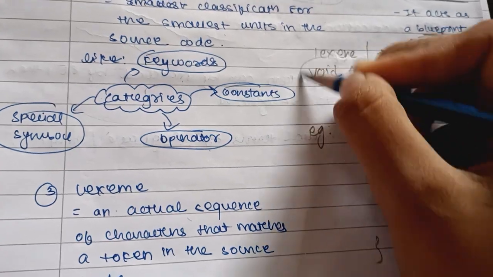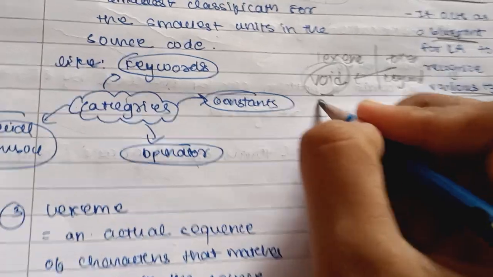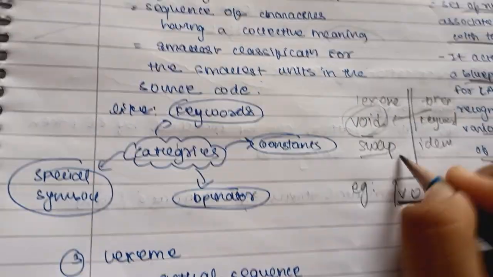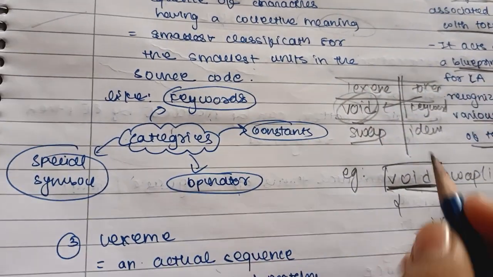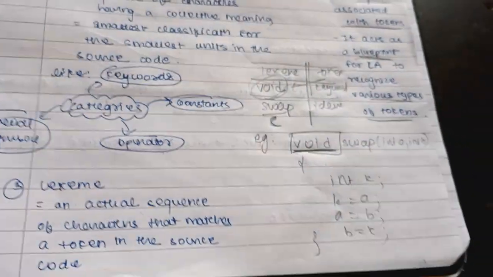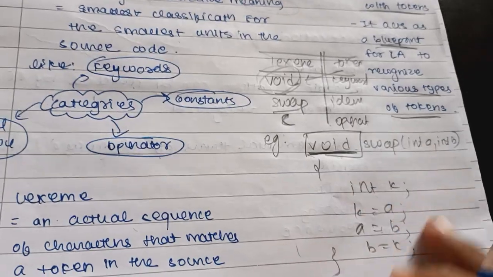And what is my token? This void is nothing but a keyword. Similarly, swap is nothing but an identifier. Then we have the opening bracket, which is an operator. Similarly, you can identify these lexemes and tokens.